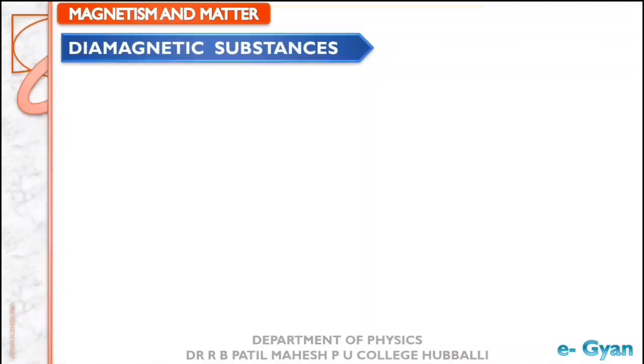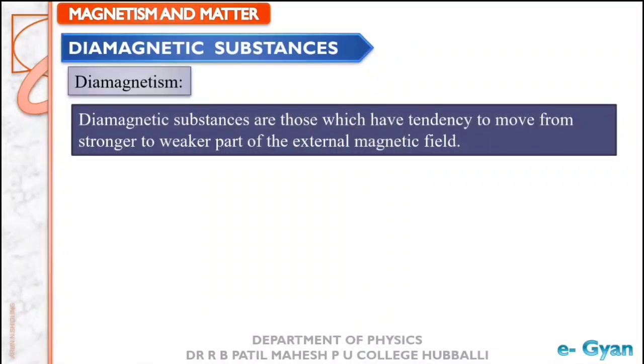The substances which exhibit diamagnetism are called diamagnetic substances, or we can also define them as those which have a tendency to move from stronger to weaker region of an external magnetic field. This means they are repelled by strong magnets.